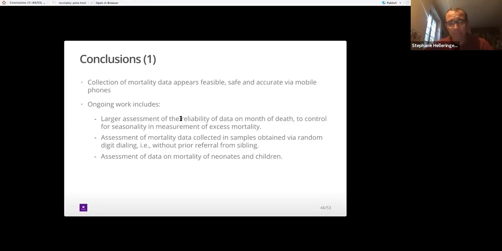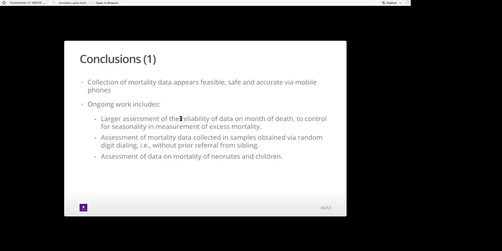That's an important dimension in a country like Malawi, where there's a lot of malaria, for example. We are also doing assessments of mortality data collected in samples obtained via random digit dialing, so without prior referral from a sibling. And we're doing additional assessments of data on mortality of neonates and children, which we haven't done so far.